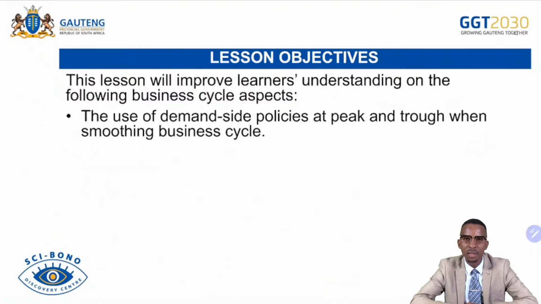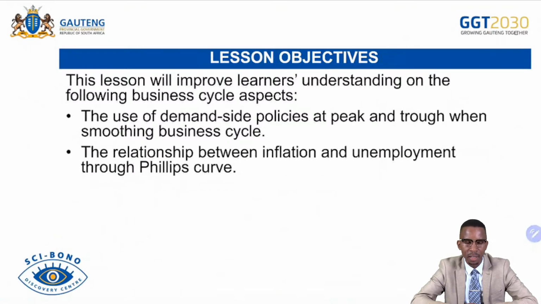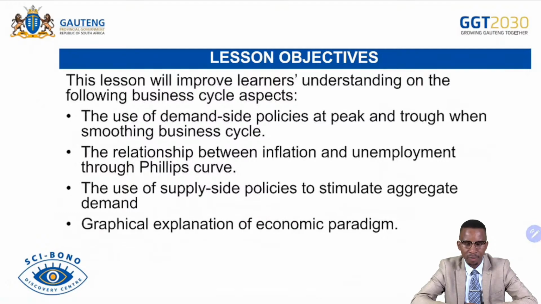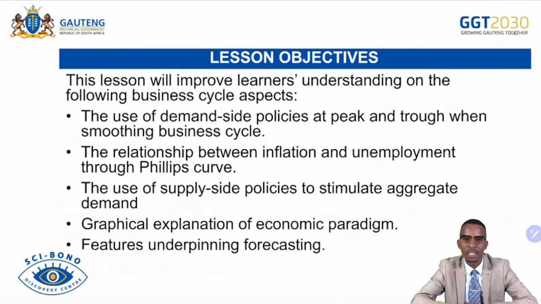After this lesson, we will have understood the following aspects of the business cycle: the use of demand-side policies at peak and trough when smoothing the business cycle; the relationship between inflation and unemployment through the Phillips curve; the use of supply-side policies to stimulate aggregate supply; a graphical explanation of economic paradigm; and features underpinning forecasting.